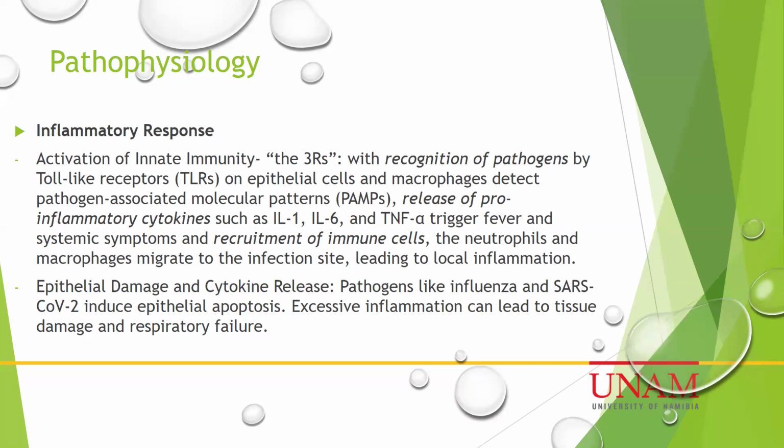The pathogens are recognized by the toll-like receptors, which are present on epithelial cells, and macrophages detect pathogen-associated molecular patterns. Once the immune system recognizes the pathogens, there's a release of pro-inflammatory cytokines, such as interleukin-1, interleukin-6, and tumor necrosis factor alpha, and all of this will trigger fever and systemic symptoms.